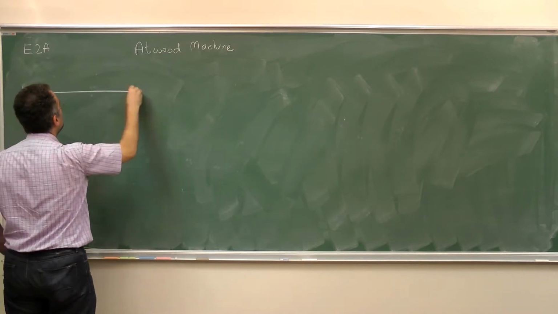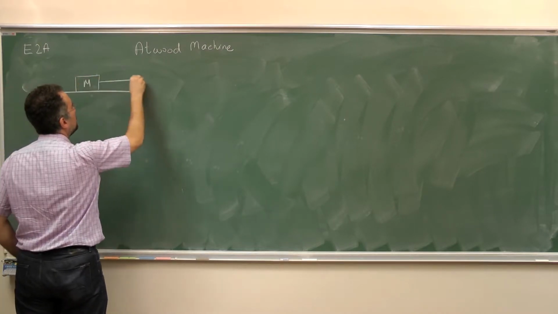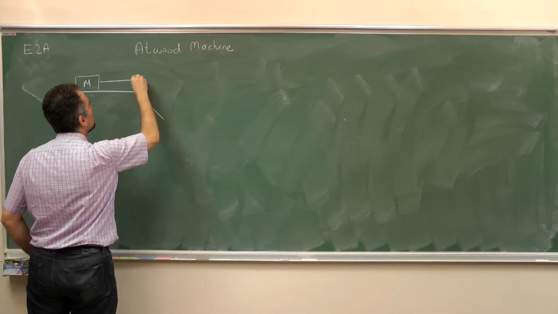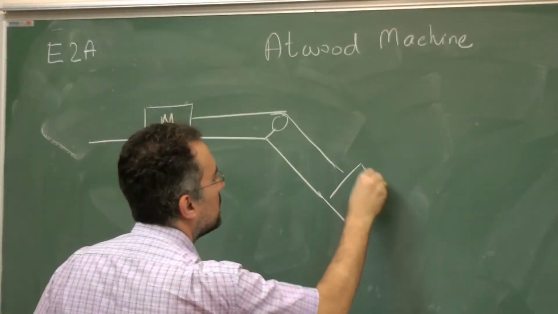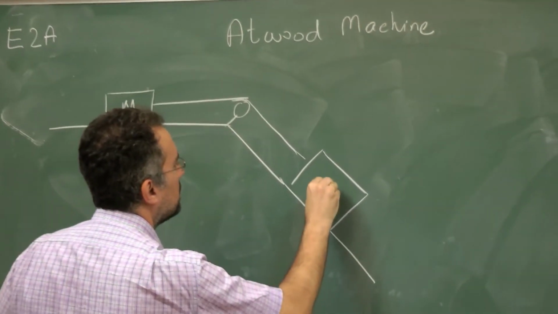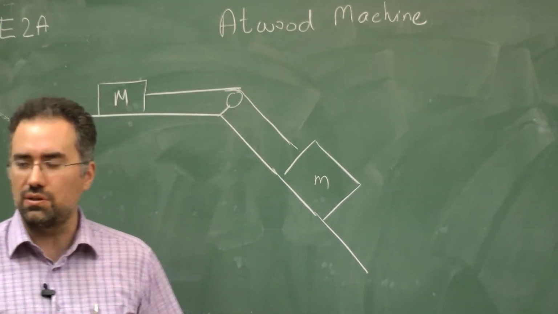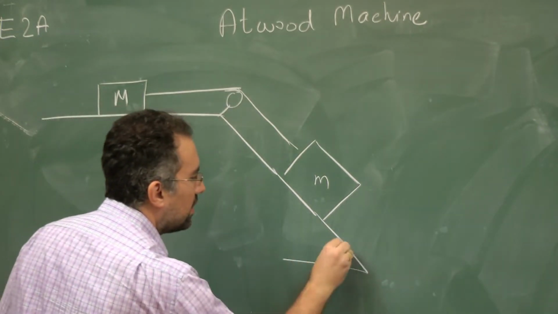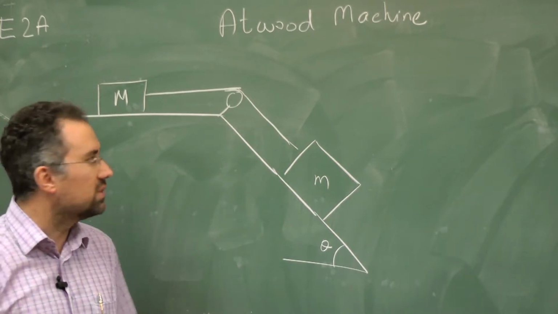So this time, I'm still going to have this mass sitting here, connected with a string. This time, the other mass is not going to hang directly down. It's going to be sitting on an inclined plane there, which makes an angle theta with the horizontal.